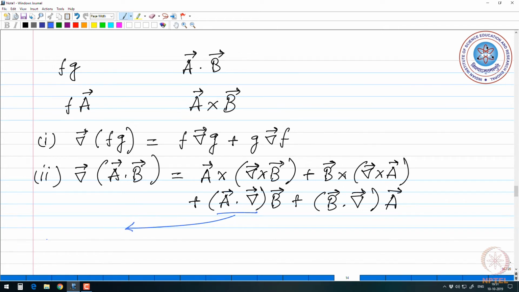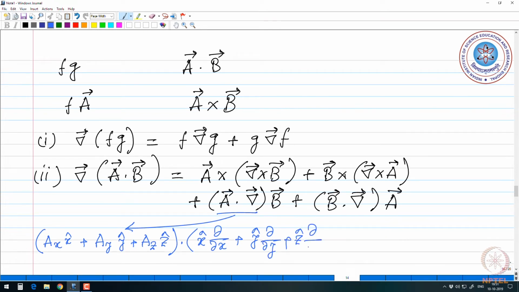So, if A is written as Ax x cap plus Ay y cap plus Az z cap, and del is given as x cap del x plus y cap del y plus z cap del z, then this operation gives us an operator itself, a scalar operator, that is ax del x plus ay del y plus az del z.